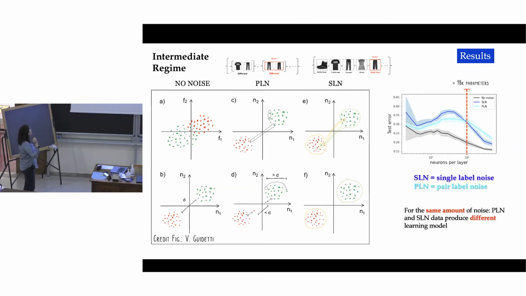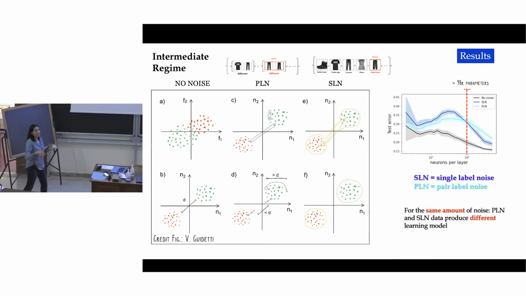Let's suppose that I have 2 classes, red and green. In the case that I have no noise, I say that if two points are separated by a distance d, I classify them as different. If they are closer than d, I classify them as equal. If I introduce pair label noise, what do I do? I take two points in the green class and call them different, and I take one red and one green and call them equal.